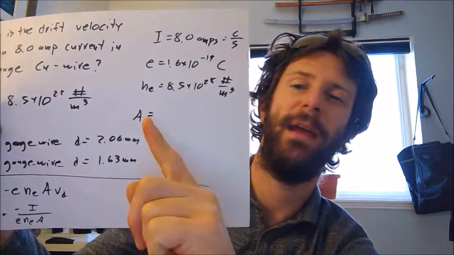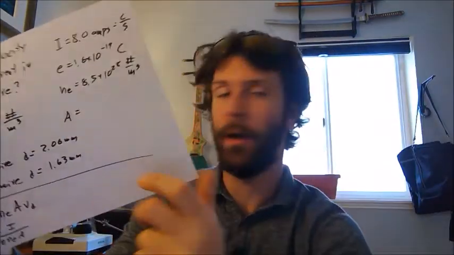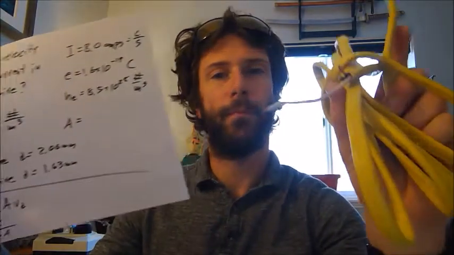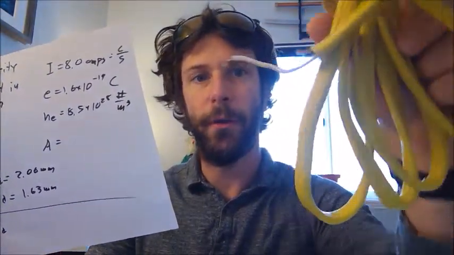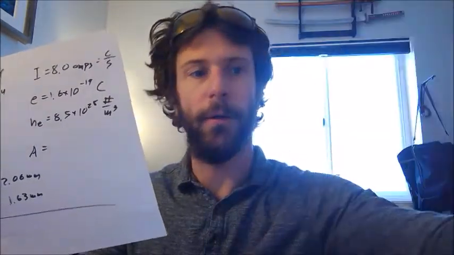n_e was given. And now area, if it's a circular wire. I don't know if you can tell, the wire looks pretty circular. Maybe you can see on that one. It's going to be pi r squared, which is pi times d over 2 squared. For 14 gauge, 1.63 divided by 2 is 0.815 millimeters.